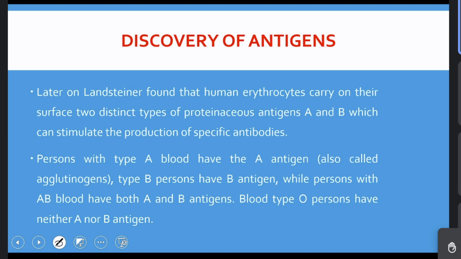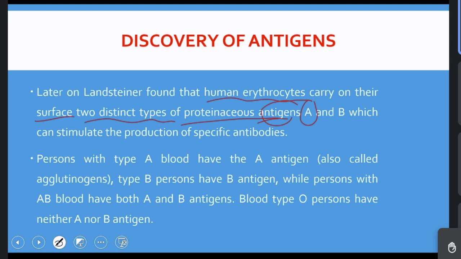Later on, Landsteiner found that human erythrocytes carry on their surface two distinct types of agents called antigens. They are named by letters because he did not know what actually they were. When we don't know whether it is a protein or a lipid or a carbohydrate or an enzyme, we simply use the letters A, B, X, Y, Z like a mathematician.